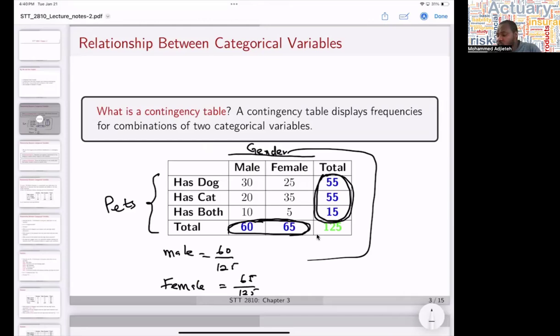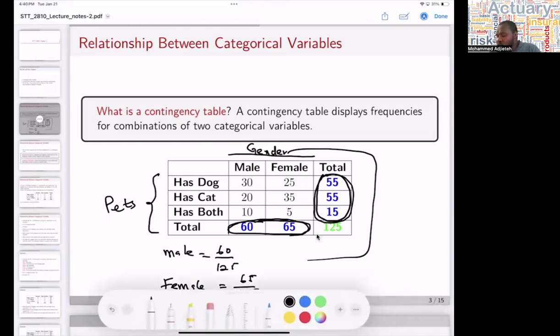And for conditional distribution, for example, this here is a conditional distribution for gender for people who have dogs. This is the conditional distribution for gender for people who have cats.